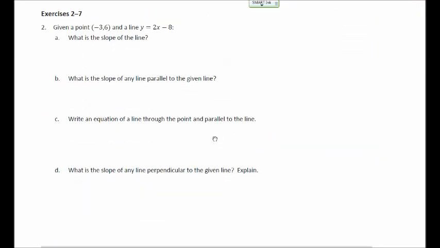So we'll jump down here to exercise 2, and we're given the point (-3, 6) and a line y equals 2x minus 8. Now this is in the form y equals mx plus b, which you've seen before in Algebra 1 and in Math 8.